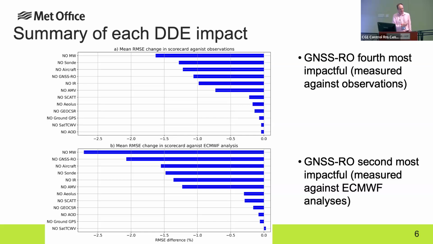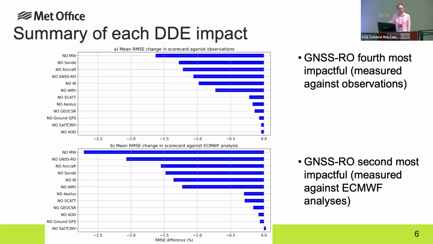So we've gone from these early days of experimenting to RO being genuinely one of the most important observation types that we assimilate. And obviously, we're doing experiments with ROMEX where we have a much higher data volume. And you see a positive uplift, in our case after a fair bit of work with biases, from assimilating those extra observations.